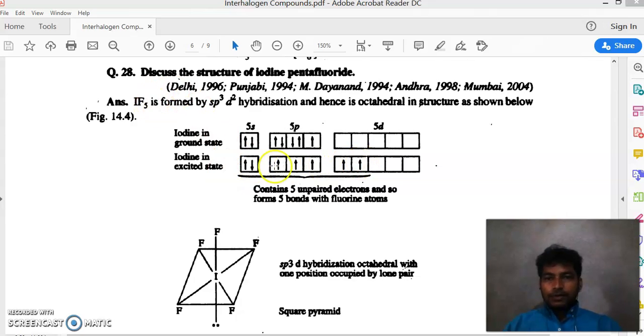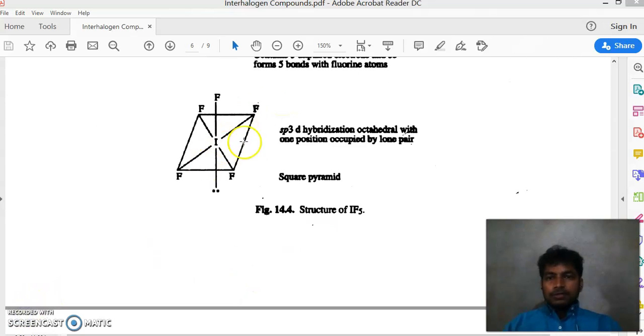Now you have 5 fluorine atoms, so each of these can donate their single electron to pair up and form a sigma bond. So overall the hybridization of the central iodine atom is sp3d2. Now this is the structure of iodine pentafluoride.